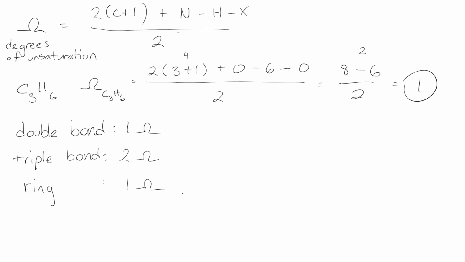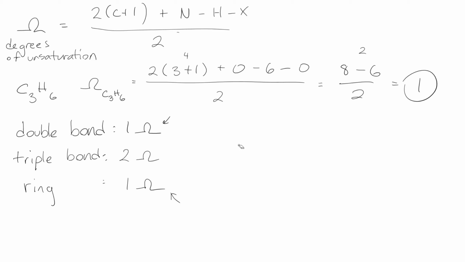So we can look at this degree of unsaturation and know immediately that there's probably a double bond or a ring. And so, indeed, if you try to draw just the carbons, there's probably a double bond somewhere. You can't put a double bond on a hydrogen because that would exceed its 2 electrons, so it has to go between the carbons.